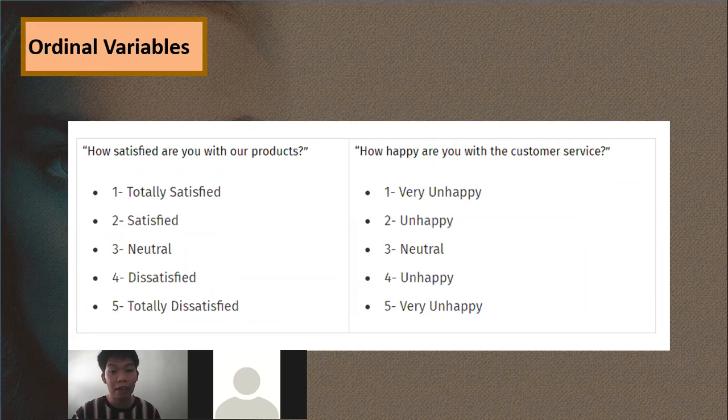Kung 5-point Likert scale, dapat each question in the instrument has 5 options. The respondents should have 5 options when they rate each statement or question in the instrument.